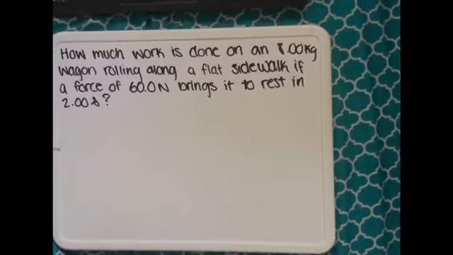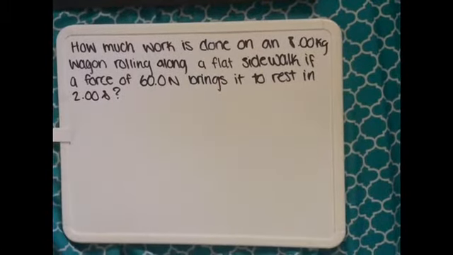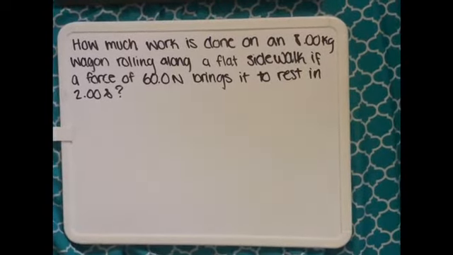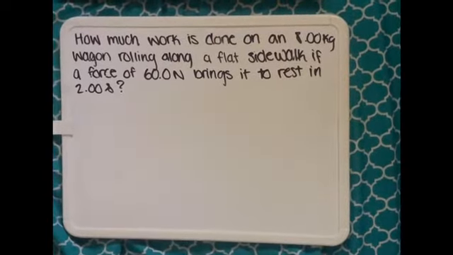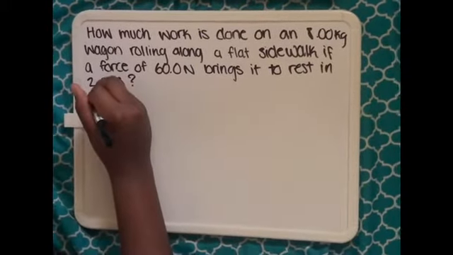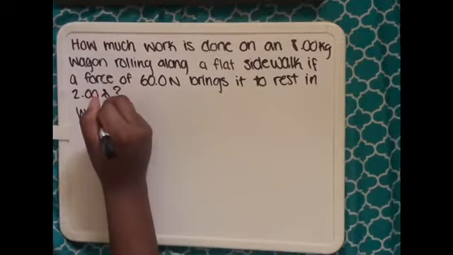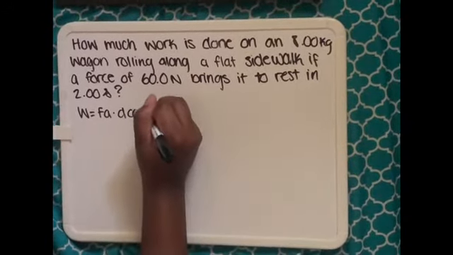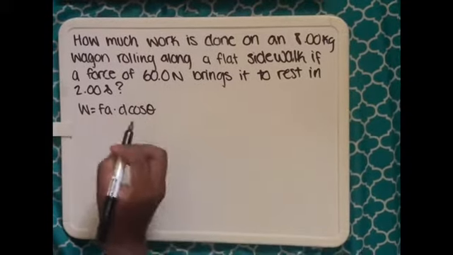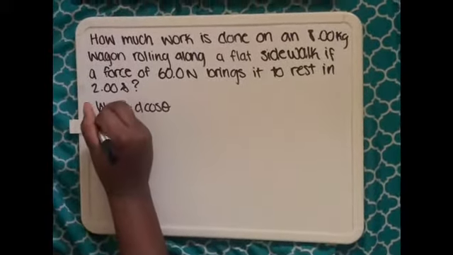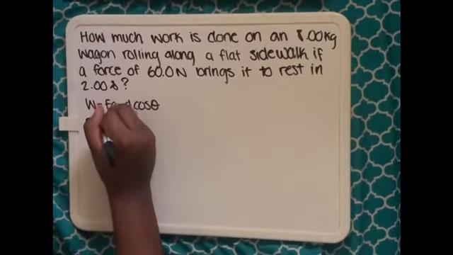Okay, how much work is done on an 8.00 kilogram wagon rolling down a flat sidewalk if a force of 60 newtons brings it to rest in 2 seconds? So in this case, we know that we need to use the formula work is equal to Fa times d cos theta. We know that since it's being pulled along on a flat surface, theta is going to be equal to 180.